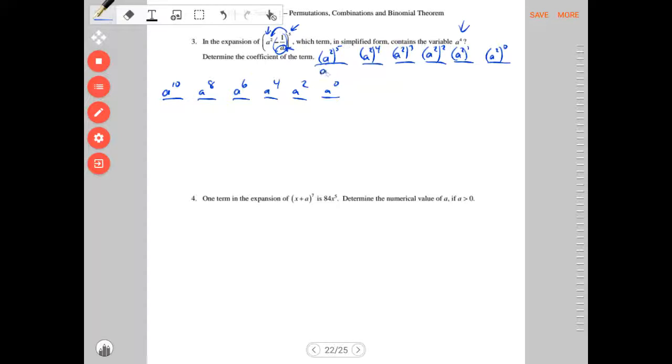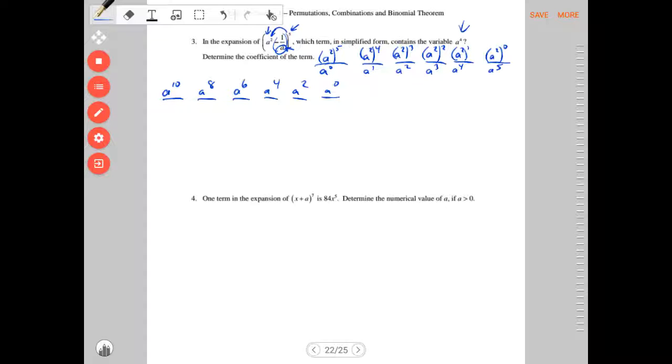So this is going to be a to the 0. This next one is going to be a to the 1. The next one's going to be a squared. The next one's going to be a cubed. Now remember, these are on the bottom. That's why I'm writing them below the line. The next one's going to be a to the 4th, and the last one is going to be a to the 5th.